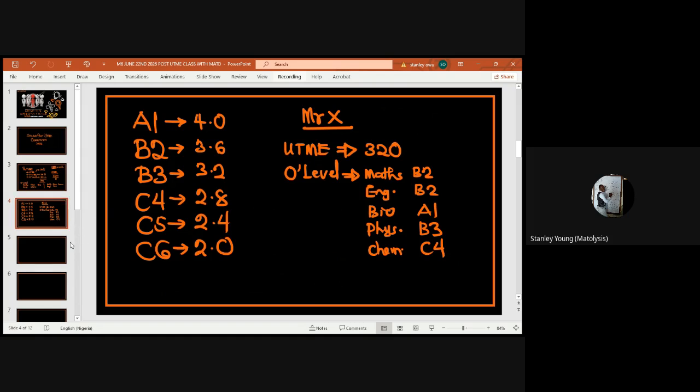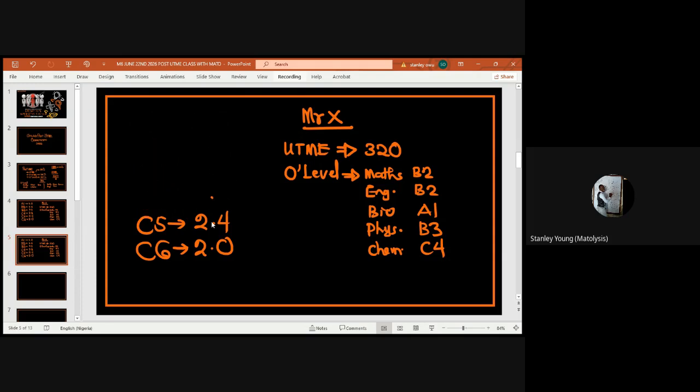So what do we do? We take the UTME score and divide it by 8. So the UTME score divided by 8 is going to give us 40, because 8 can go into 32 four times.